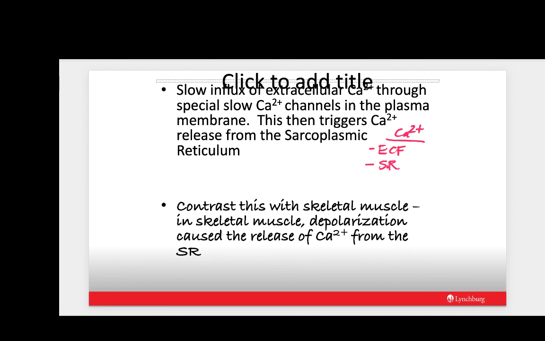If you recall, skeletal muscle only got calcium from the sarcoplasmic reticulum. But in heart muscle, it gets calcium from two different sources.